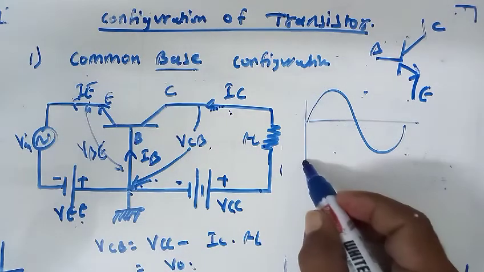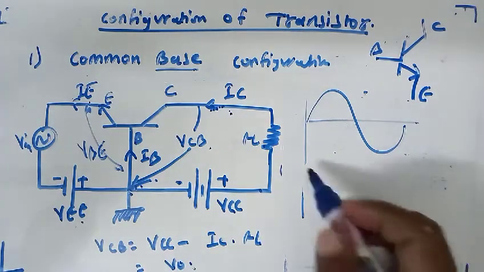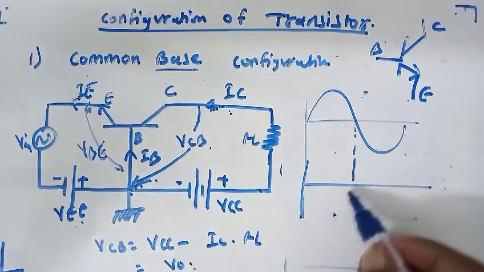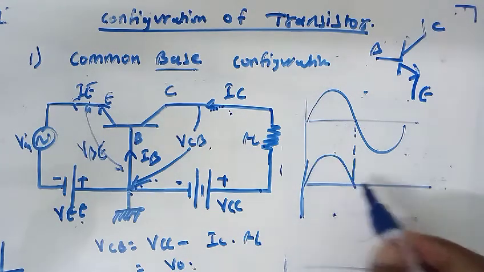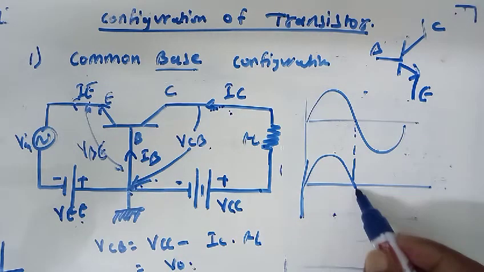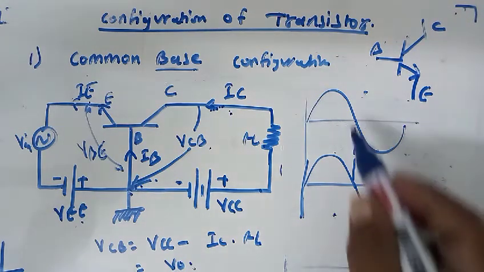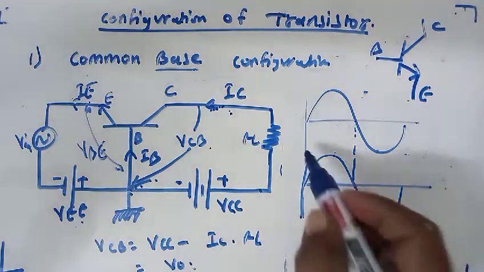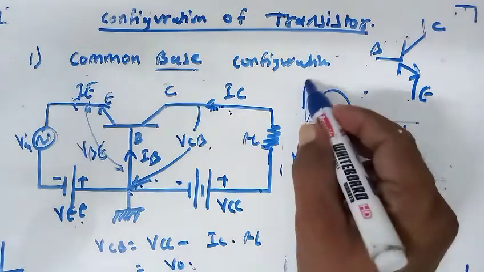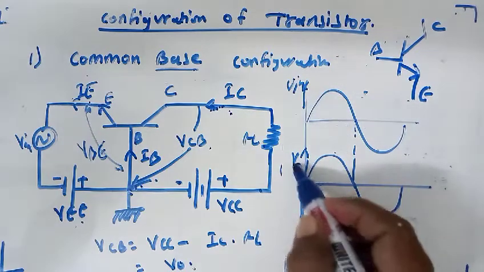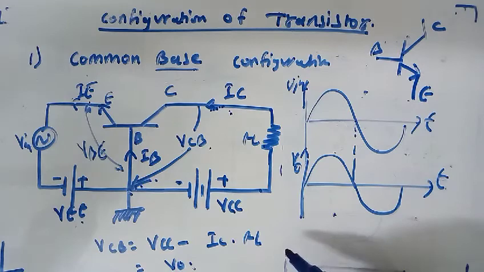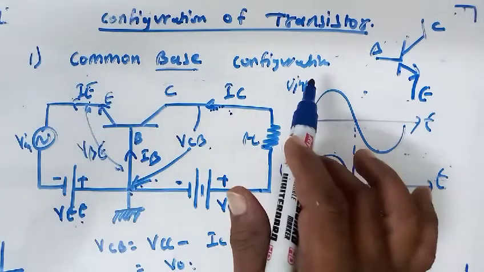And since the output obtained will be the same, for this positive you will be getting the positive like this, and for this negative again you will be getting the negative like this. Means you will be getting the same value. Here we will be getting the input voltage, here you are getting the output, with respect to this particular time. So it gives you the common base configuration.